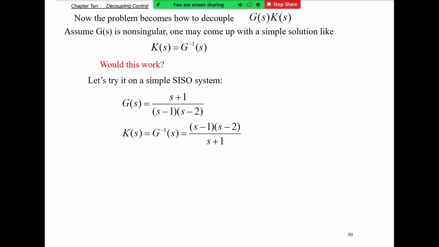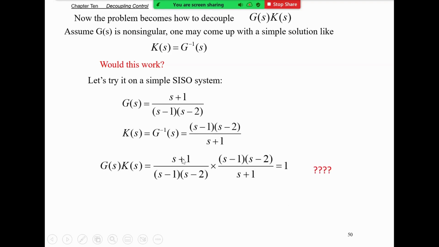If this is the case, it should also work for the single input, single output case. Let's look at the single input, single output. This is G. If we take the inverse of this G, this is K. And then you multiply them together. We're supposed to get 1.